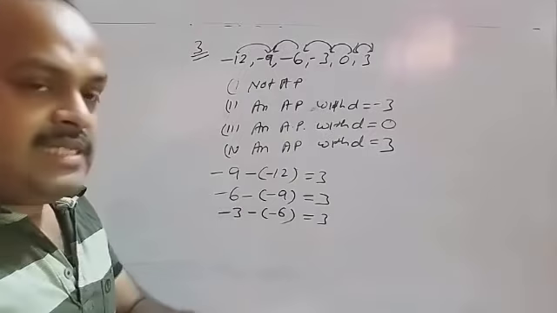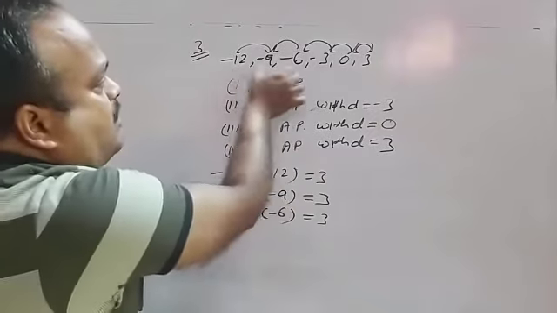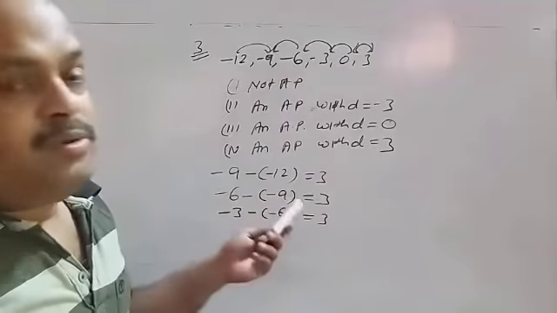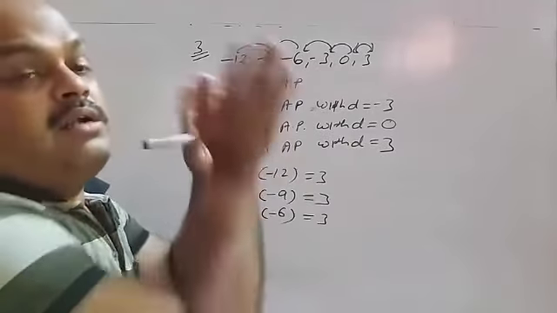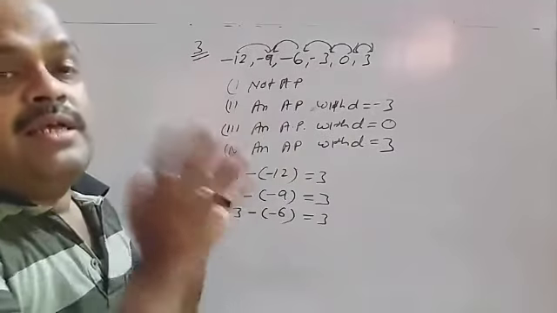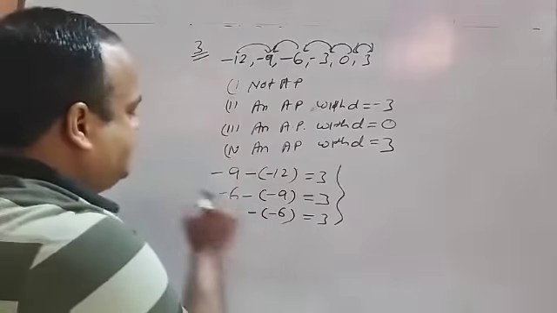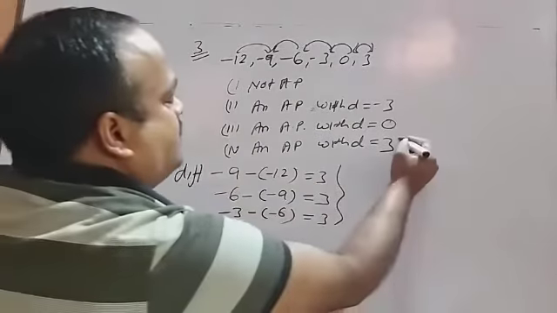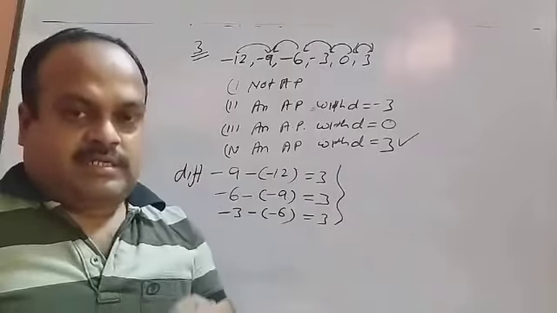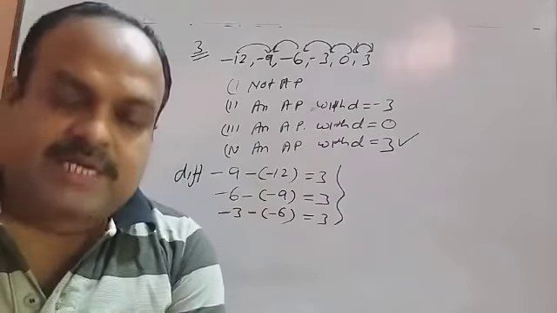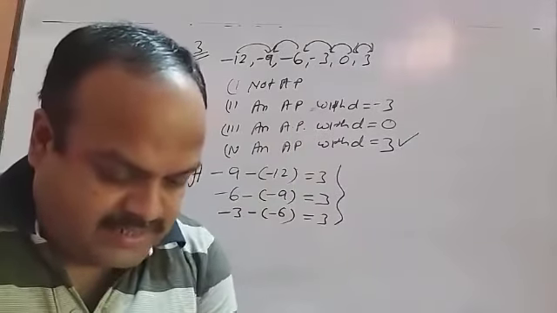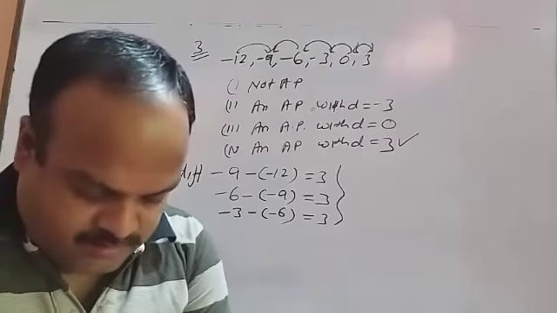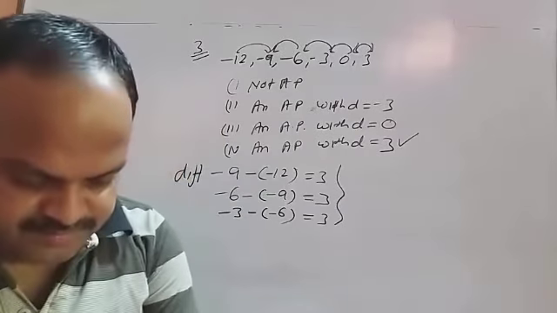So the difference between consecutive terms is constant and it is 3. Therefore, it is an AP and the difference is 3. So which option is correct? The fourth option is correct: the series is an AP and the common difference is 3. Next question.